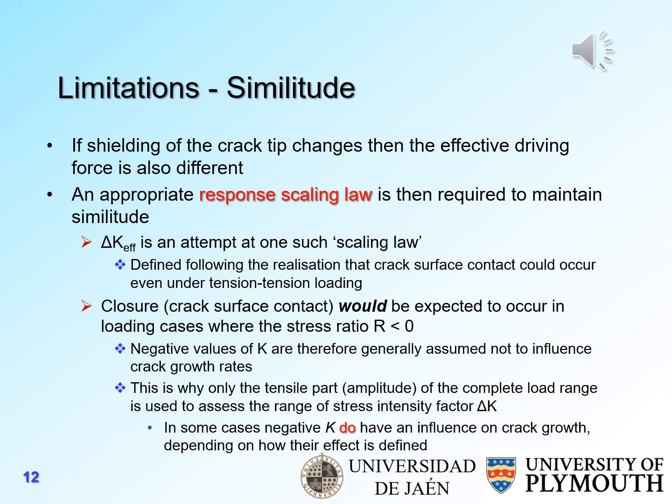Crack surface contact had been expected to occur in loading cases when the stress ratio was less than 0, and negative values of K are therefore assumed not to influence crack growth rates. Hence, only the tensile part of the complete load range is used to assess the range of stress intensity factor. However, depending on how you define stress intensity factors, negative stress intensities can have an influence on crack growth, as for example in the model I've developed myself with Colin Christopher and Ian Patterson, the CJP model.